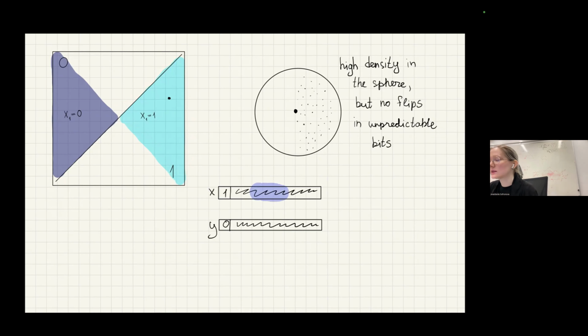Whatever else we ask in the string, it's unpredictable if it doesn't intersect with the first bit. But if it does, it's predictable. So anything that has this first bit is predictable, but any flip from X to Y should involve the first bit. So we cannot get from X to Y by just flipping something here in unpredictable bits.